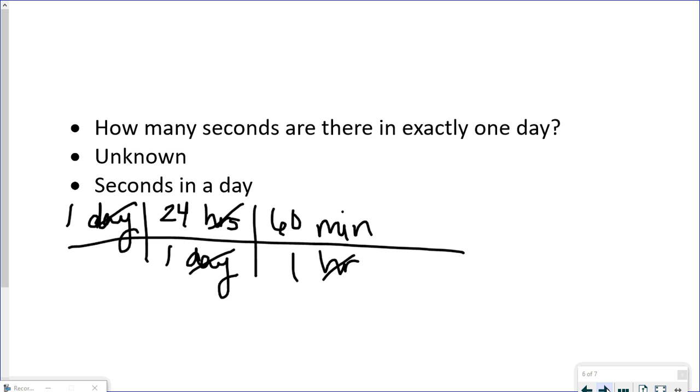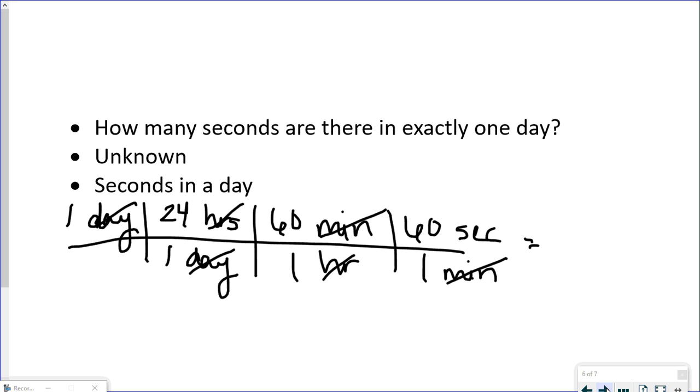And now I have minutes, but pay attention, you're trying to get to seconds. So we know that 1 minute, and I'm putting it on the bottom so my units cancel, is equal to 60 seconds. So that will cancel out minutes and leave me with seconds. Once you have the appropriate unit, you're finished.